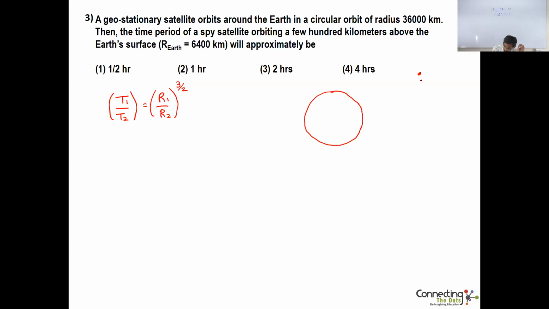geosynchronous or geostationary orbit is very far away. But the spy satellite is very close. So this distance is 36,000 kilometers.